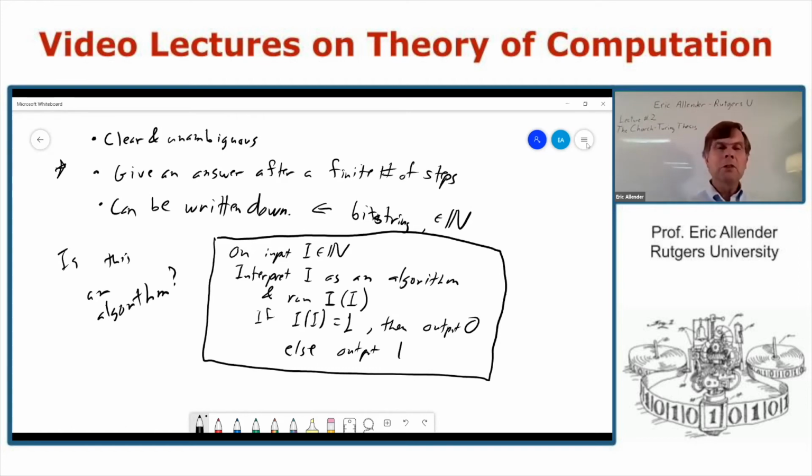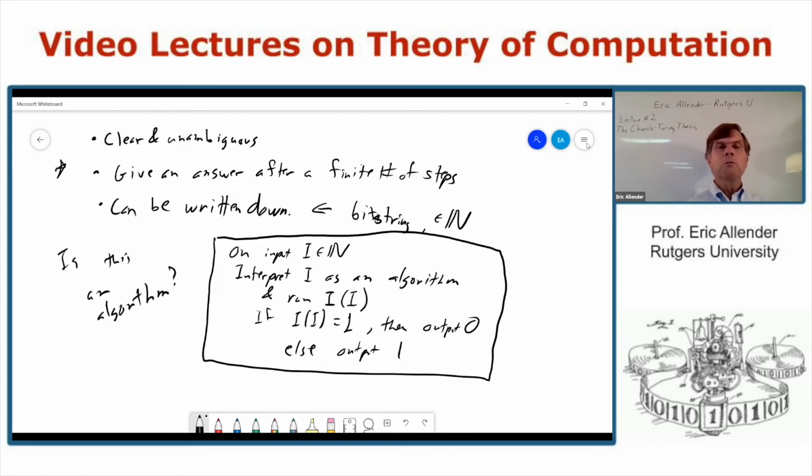So that seems to indicate that you can never really have a very satisfactory notion of a class of algorithms. And what Church and Turing essentially independently hit on was the infinite loop.